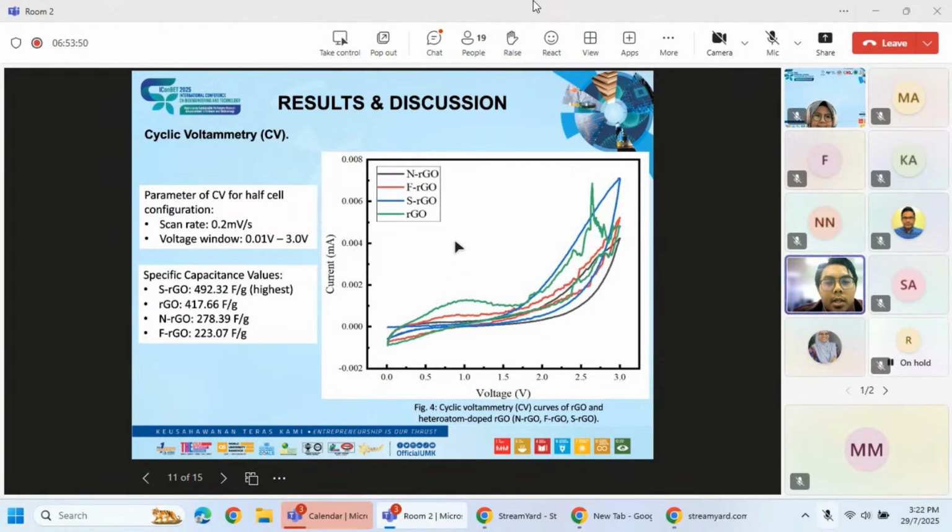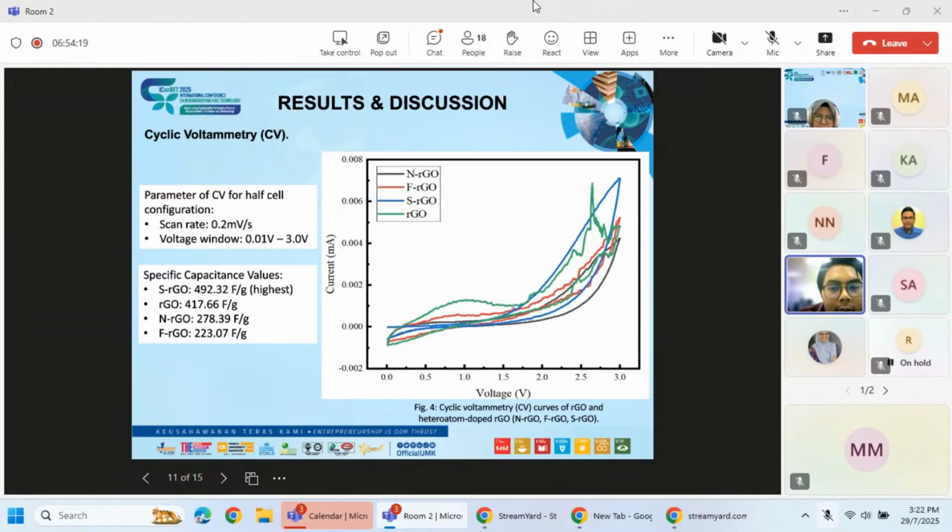As we go to the cyclic voltammetry result, this slide shows the electrochemical performance of RGO and its doped form. The CV measurements were done using half cell configuration with a scan rate of 0.2 millivolt per second, and the voltage window ranges from 0.01 volt to 3 volt.